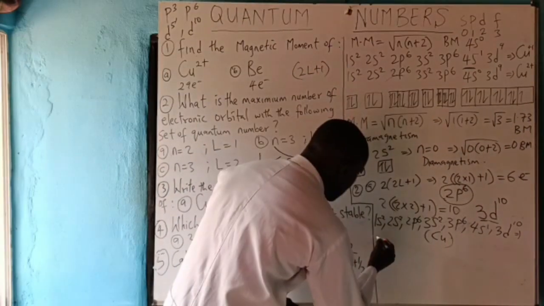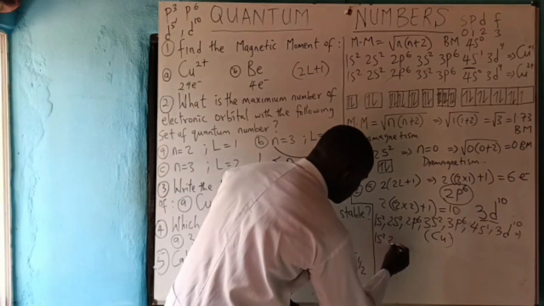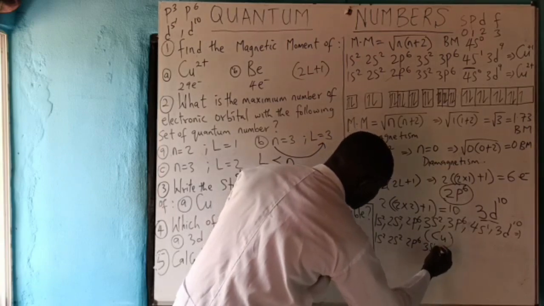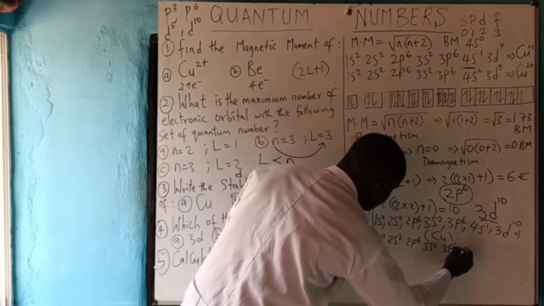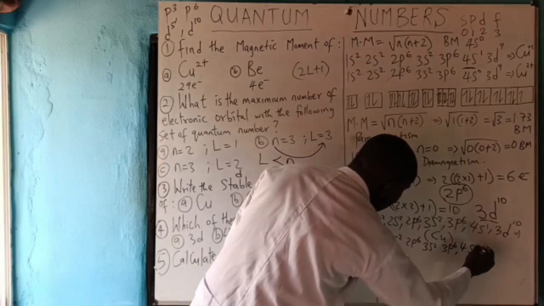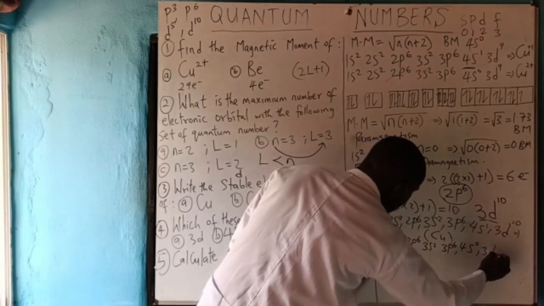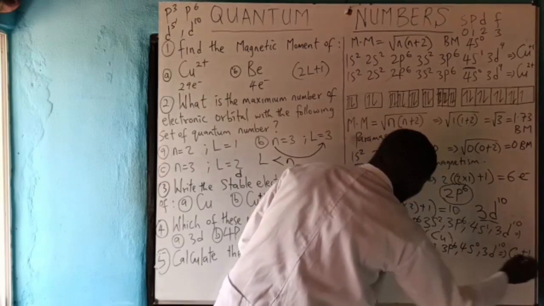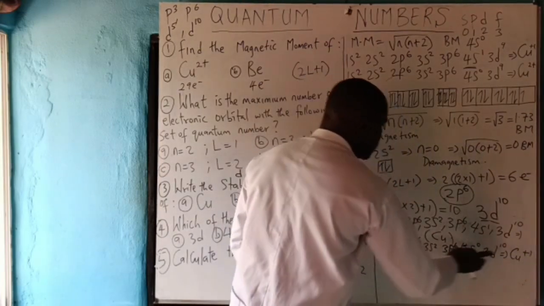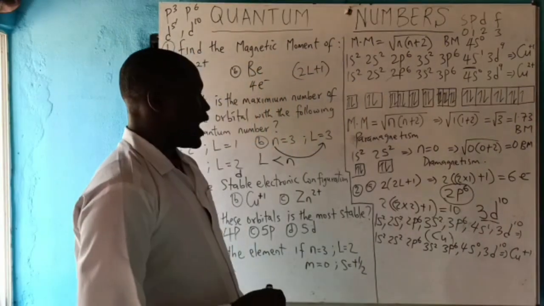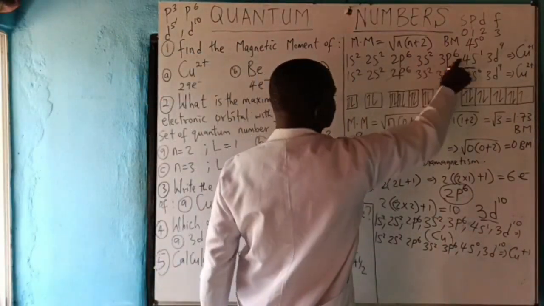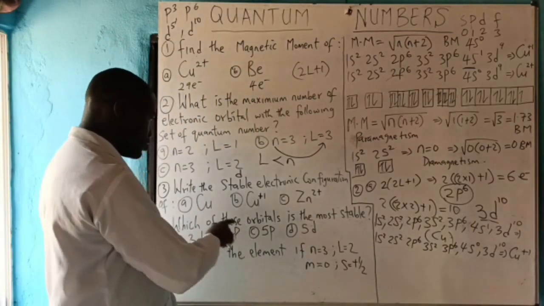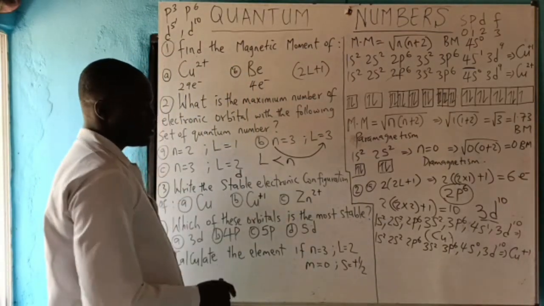And so we'll have 1s2, 2s2, 2p6, 3s2, 3p6, 4s0, 3d10. This is the stable electron configuration of the copper 1 plus ion, whereas the earlier one is the unstable aspect of it. Then we go for zinc 2 plus.